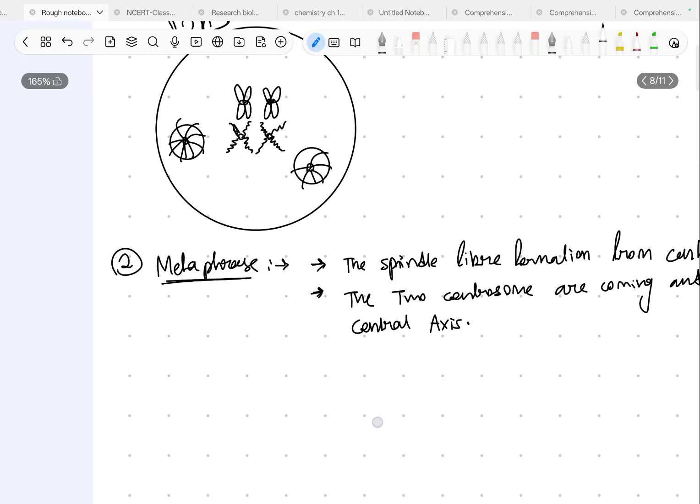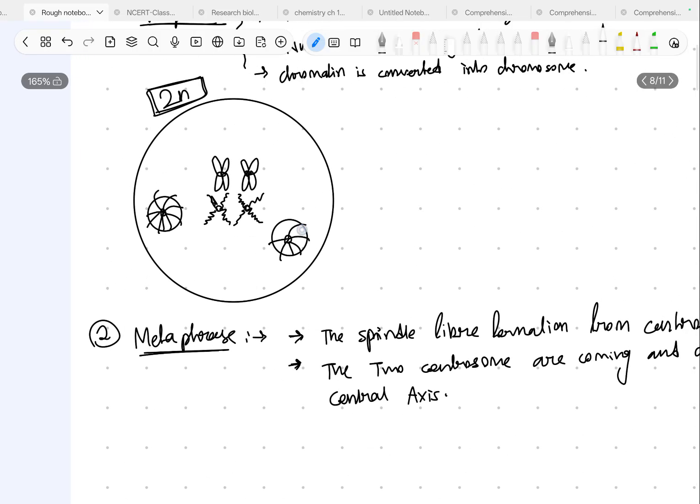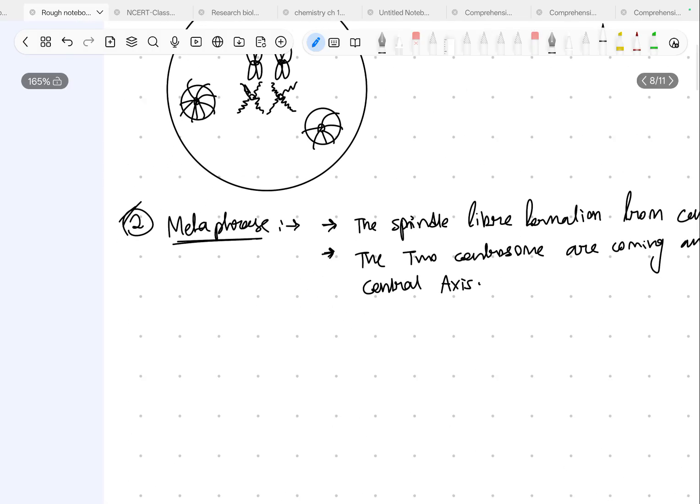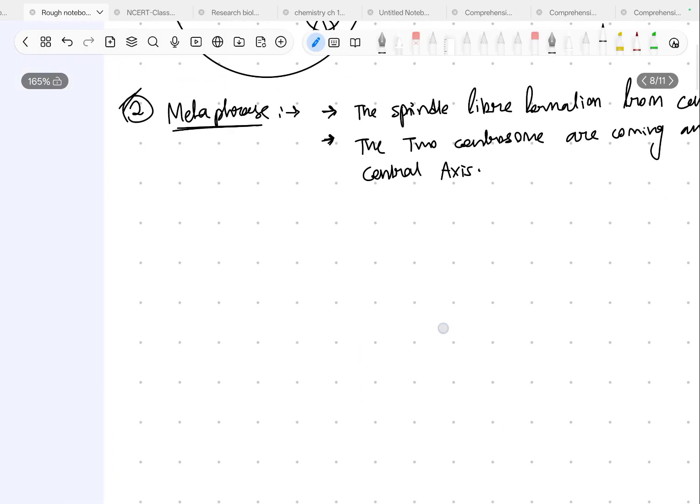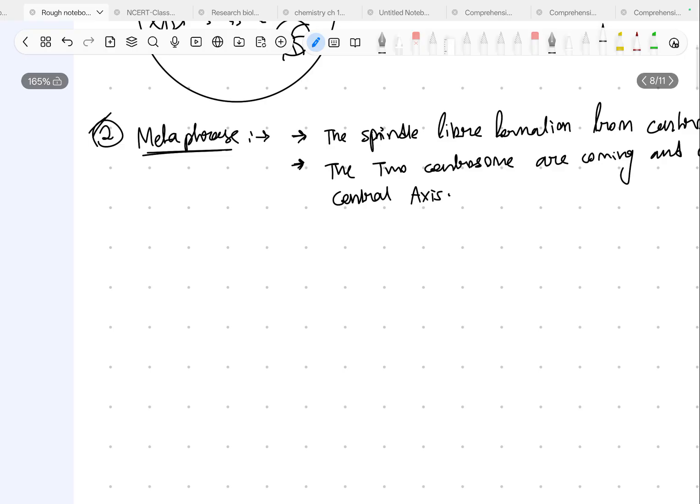So here you will see it is not in this position, but in the metaphase, which I was telling at the beginning of the session, the central axis will come. The two chromosomes will be at the central axis.